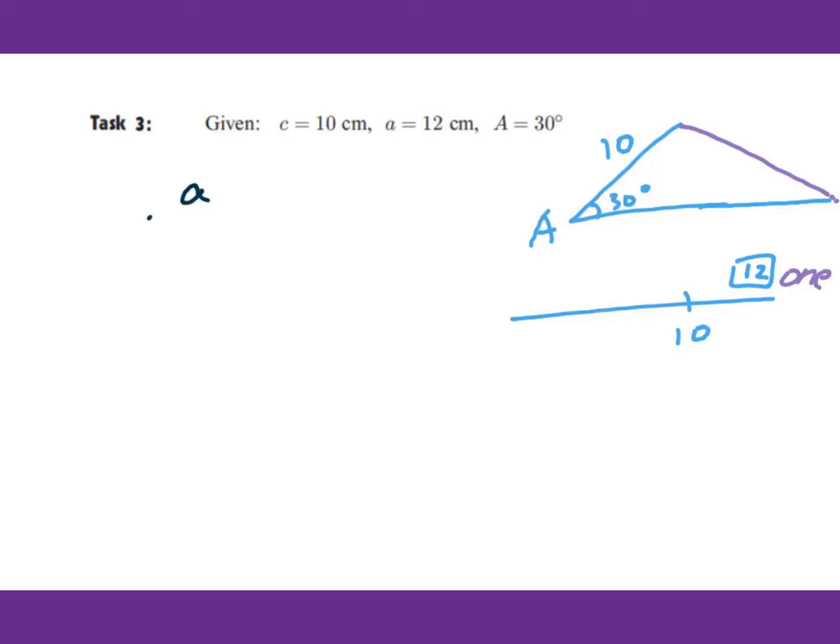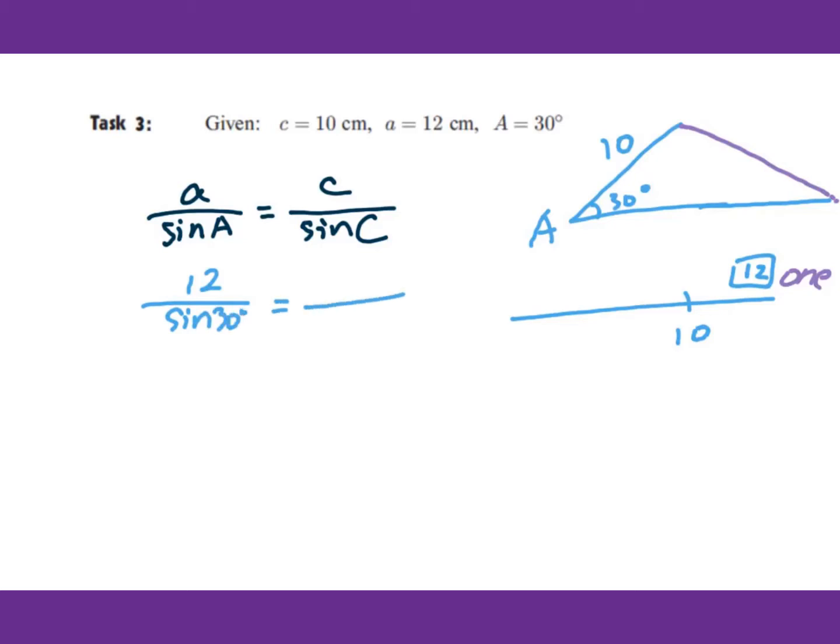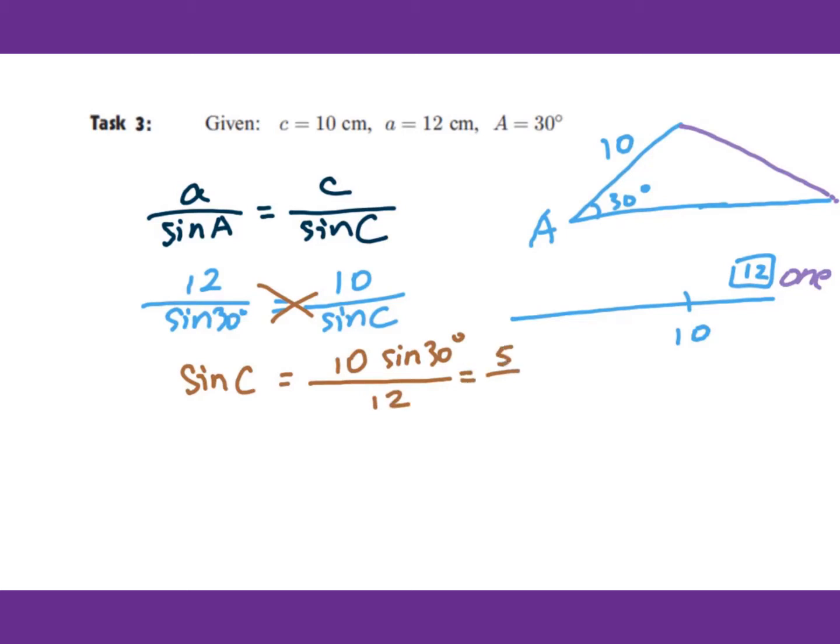So we got a over sine A equals c over sine C. Plug in. We got 12 over sine 30 equals 10 over sine C. Cross multiply. We got sine C equals 10 sine 30 degrees over 12. We got 5 over 12.